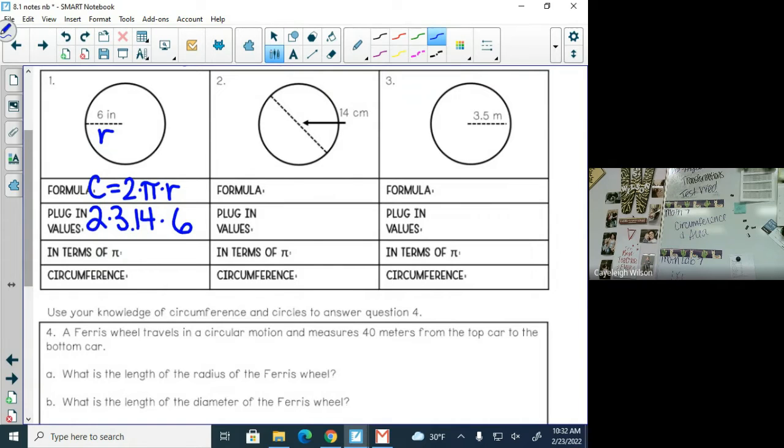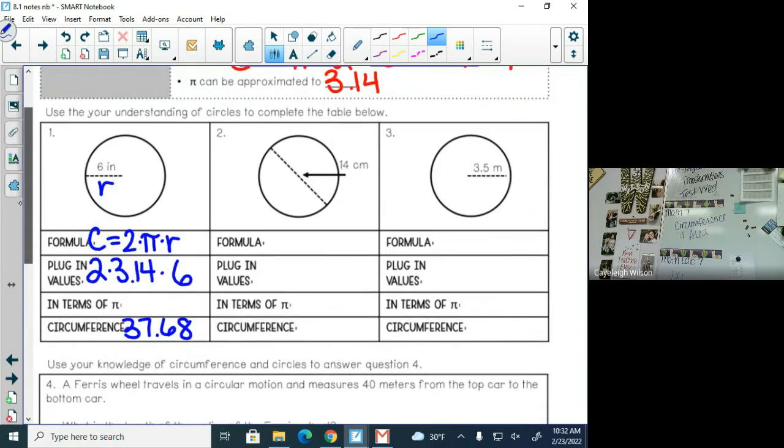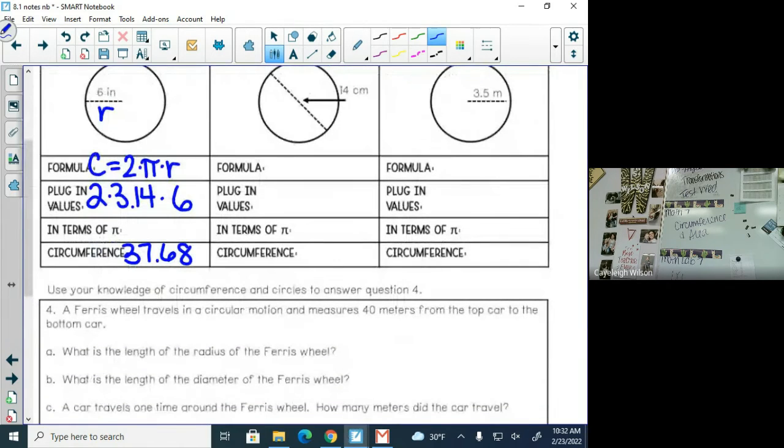Put your hands down. 2 times 3.14 times 6 on our calculator. And you should have gotten 37.68. Now, if it doesn't tell you how many decimal places you're going to round to, we're going to stick with 2. Because for pi we used 2 decimal places, we'll just stick with 2 in our answer.